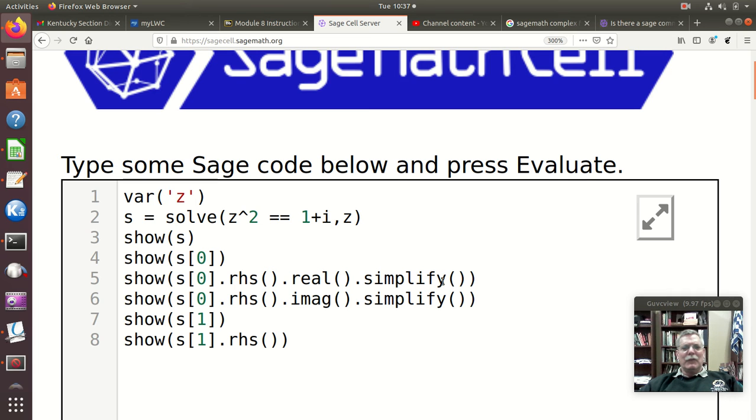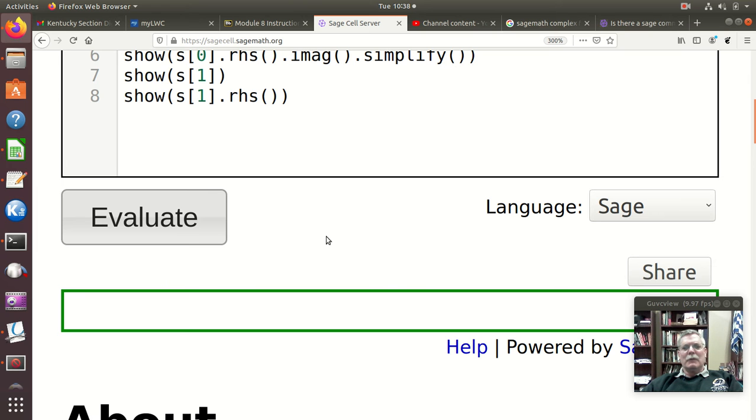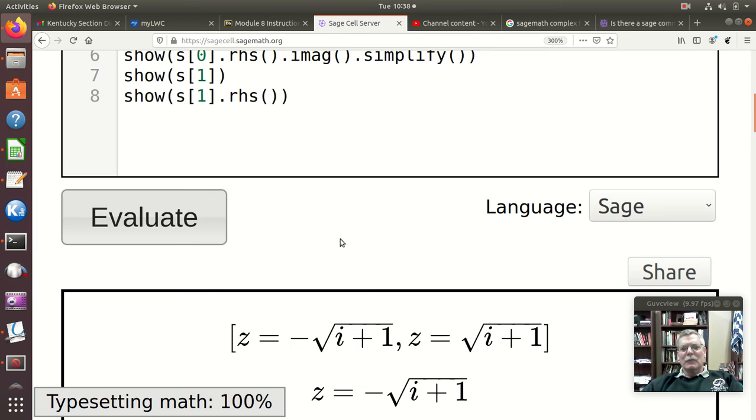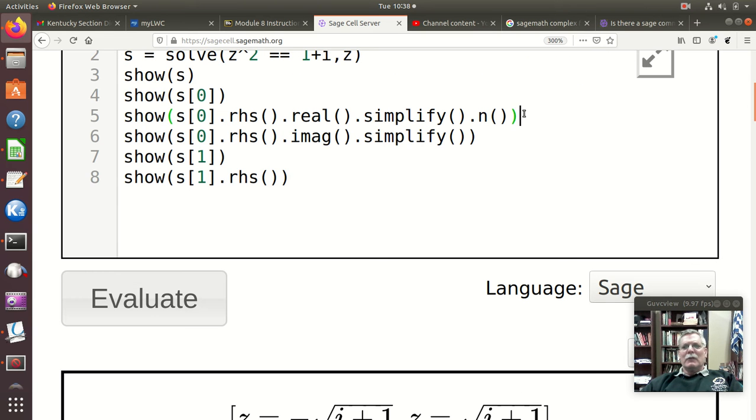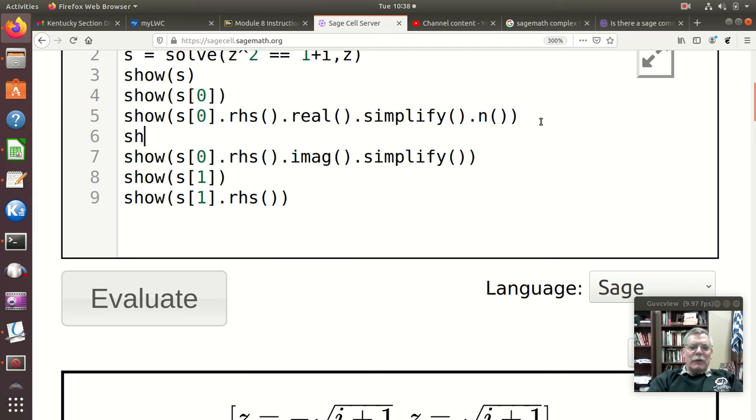But let's just check, at the end of all this, instead of all that stuff, I'll put an n. Now I could print out both, but that will give me a numerical equivalent. So about negative 1.0986.